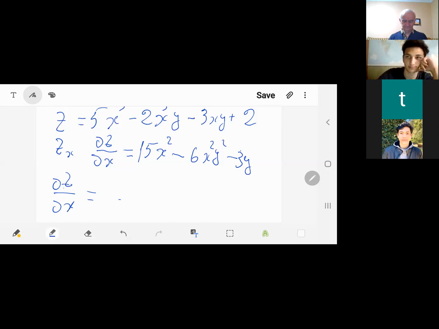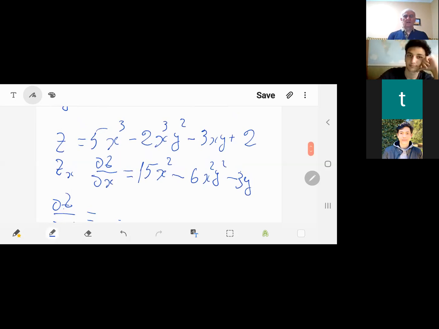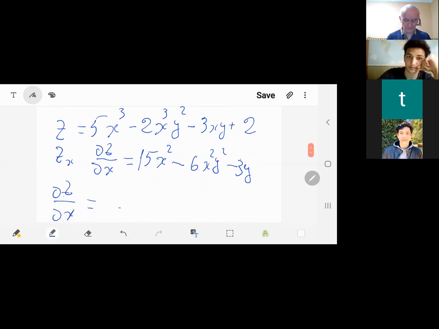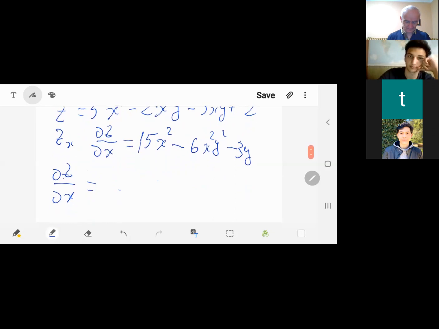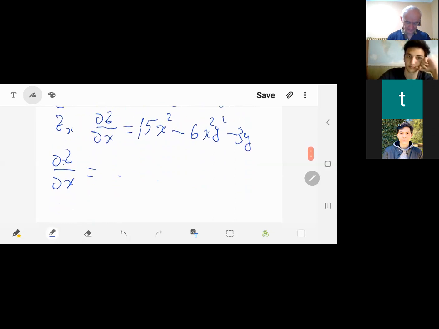Yes, y squared. Minus 3x. Okay, the derivative of 5x cubed will be 0 with respect to y, so I got it right.